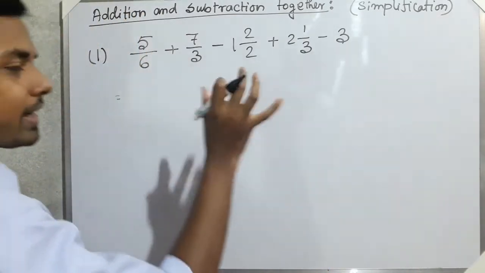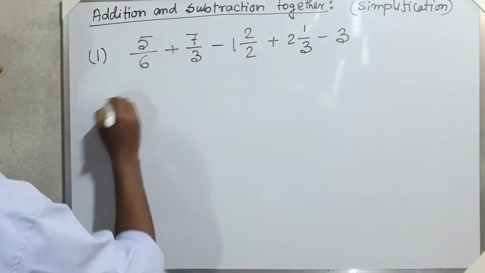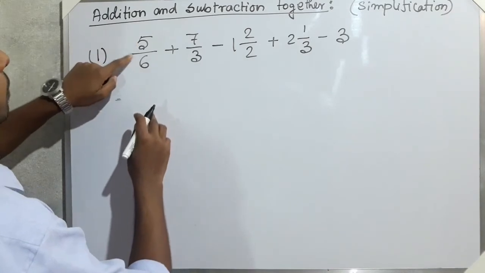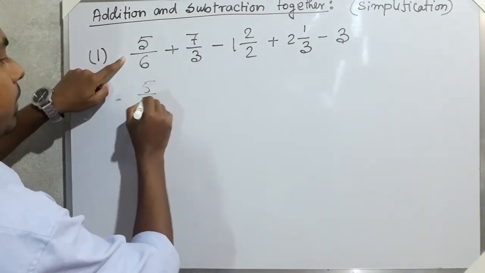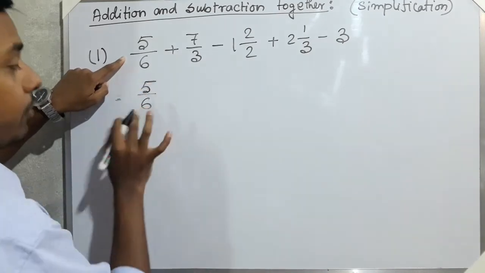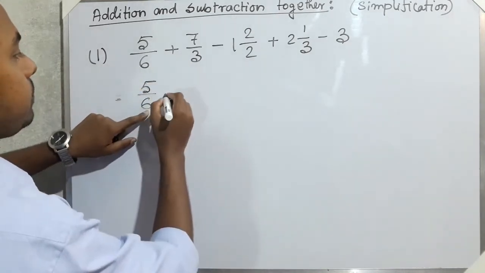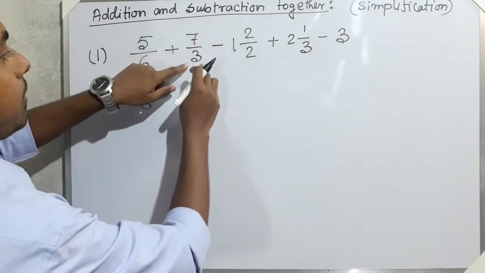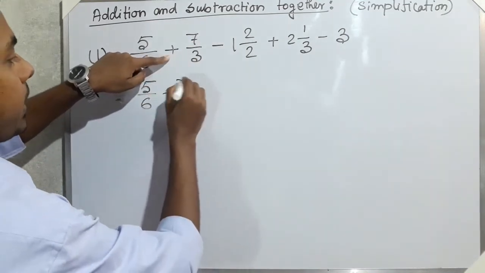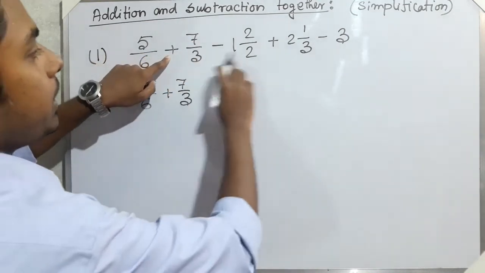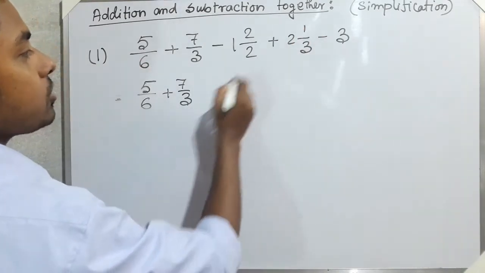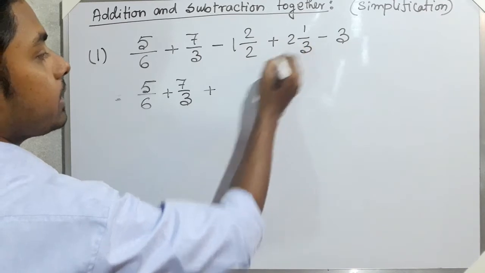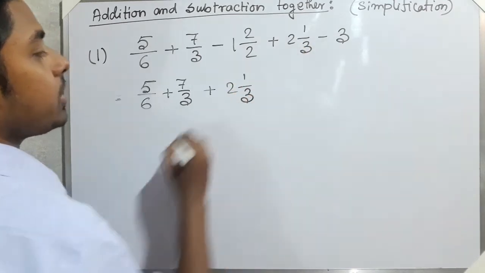So first of all we are taking like this. Okay, so first 5 by 6, before 5 by 6 there is no sign, so that means this is positive, and we are taking positive fractions first. Then before 7 by 3 it's also positive, so we are taking 7 by 3. Then before 2 whole 1 by 3 also positive, so again we are taking this one, 2 and 1 by 3.